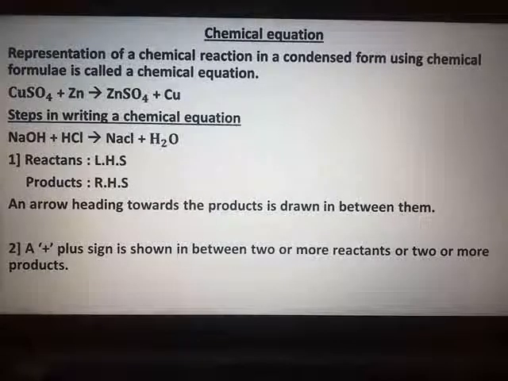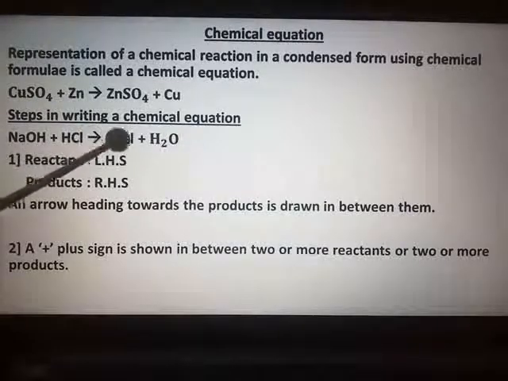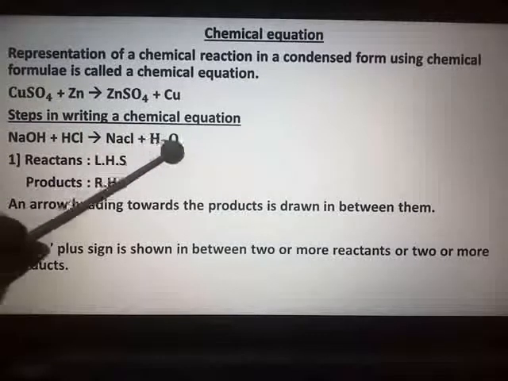Now, what are the different steps in writing a chemical equation? You cannot write a chemical equation randomly. Certain steps have to be followed. The first step is that reactants have to be written on the left hand side, whereas products are on the right hand side. Here is an equation: NaOH plus HCl gives NaCl, the C should be capital, plus H2O.